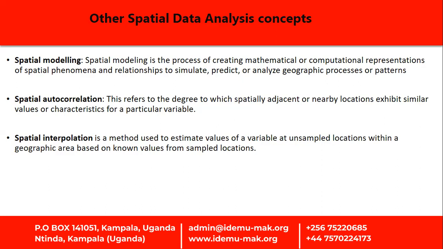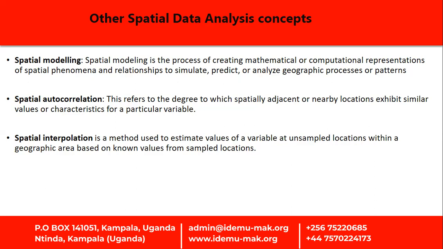If you know what correlation means, for the normal analysis we usually do, we study the degree of relationship between two continuous variables. But for spatial autocorrelation, it refers to the degree to which two spatially adjacent or nearby spatial data types are similar to each other.